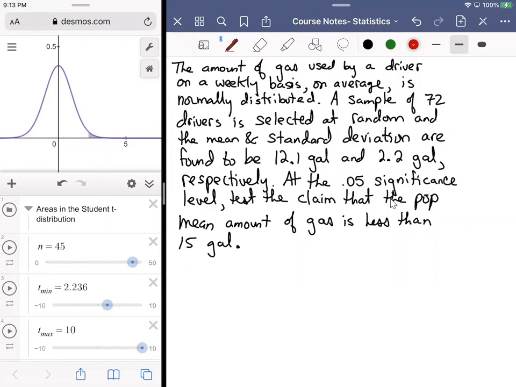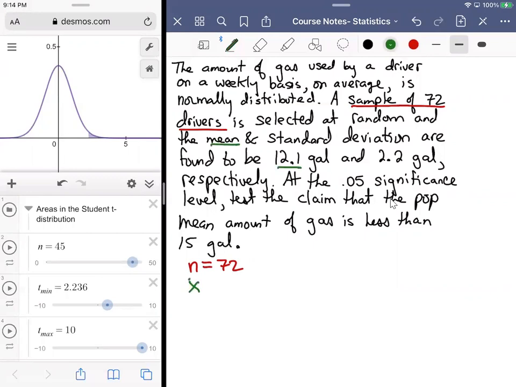So what we would do to get started here first is get all of our statistical information. A sample of 72 drivers, so N is 72. The mean is 12.1.